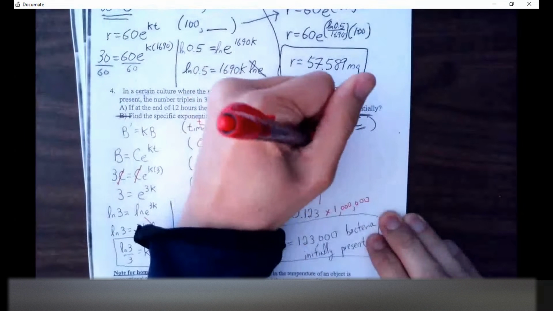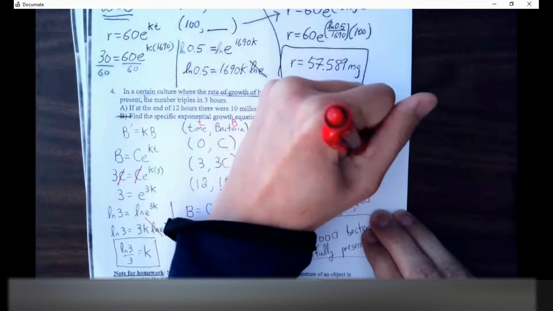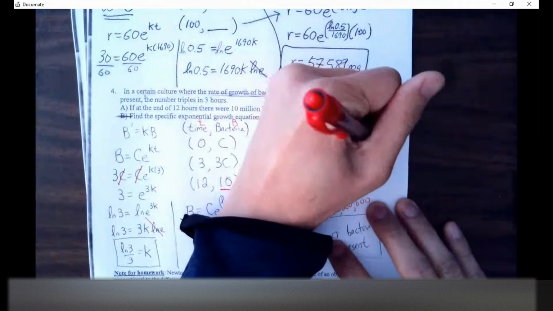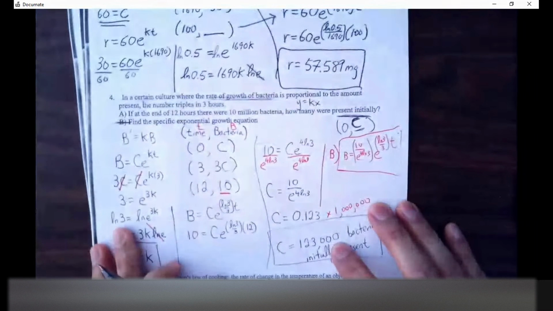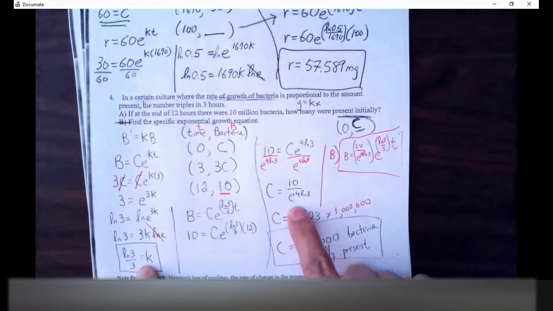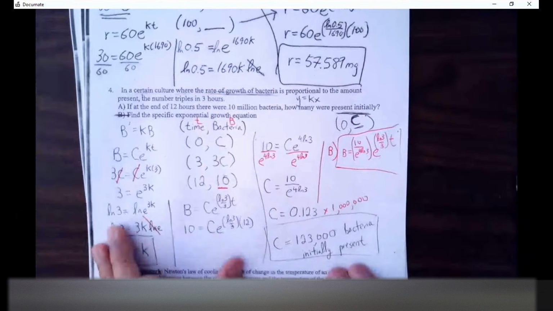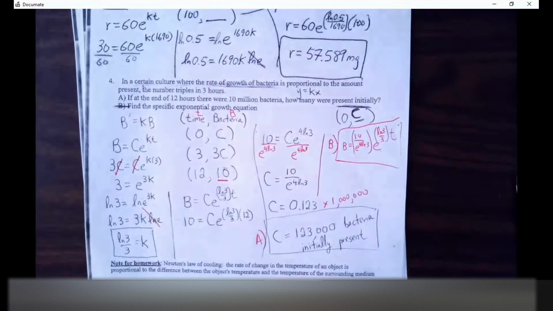Yeah, if you want to see that, putting the k and c value into my b equals c e to the kt. Okay, any questions?